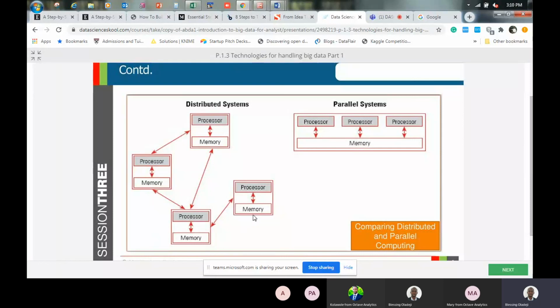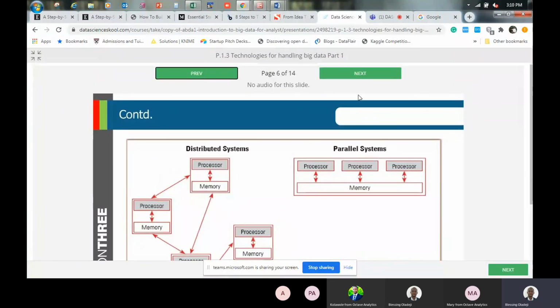It is also able to determine which resources are available to execute a subunit of the tasks that I have assigned to this distributed network. That is the same thing that Hadoop is trying to do.